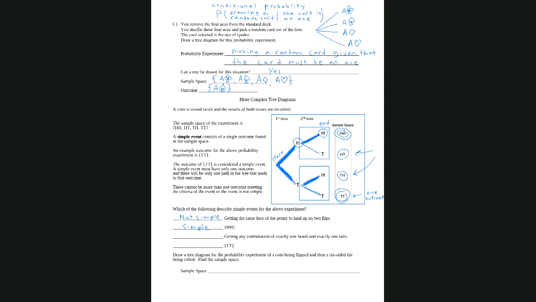Or you could get tails on the first flip and heads on the second. So because of that, we're going to say that's not simple. Technically, they're permutations, not combinations, but we'll look at that in a later video. Anyways, combinations is used in the English language to describe that situation, so that's why that's there, I guess. What about tails, tails? Of course, it is simple.